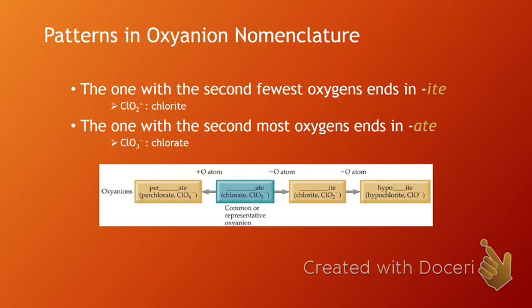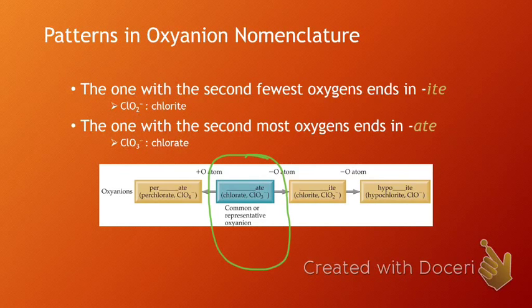There are a couple of oxyanions that have more than 2 forms. So for example, if we look at the chlorate series, this is where it gets a little more tricky. You can think of chlorate as being the second highest, or like the root word.